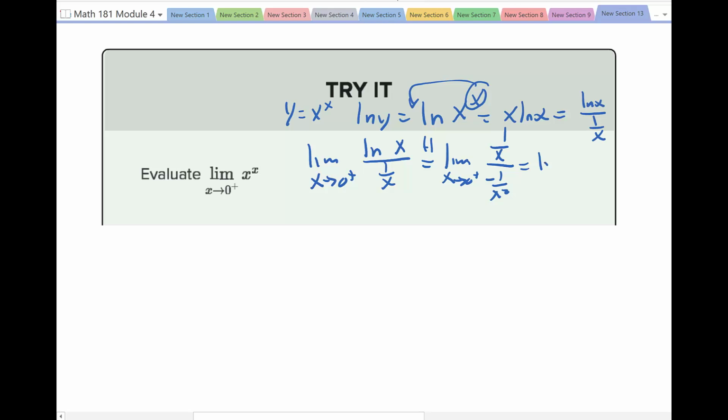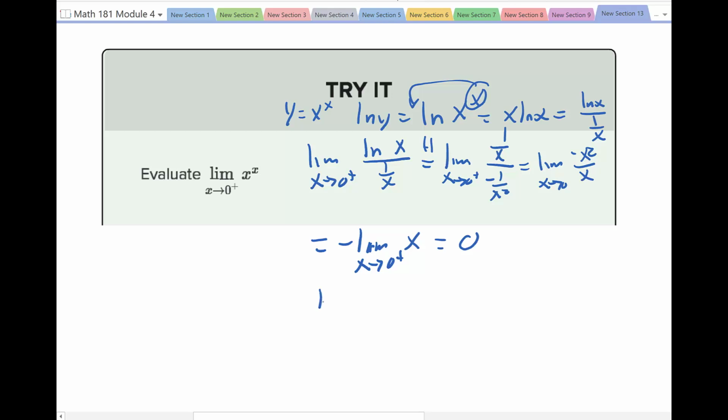So that's going to be the limit as x goes to 0 of negative x squared over x, because you multiply by the reciprocal. So that becomes negative limit as x goes to 0 of x. So that's from the right side. That's going to be 0.